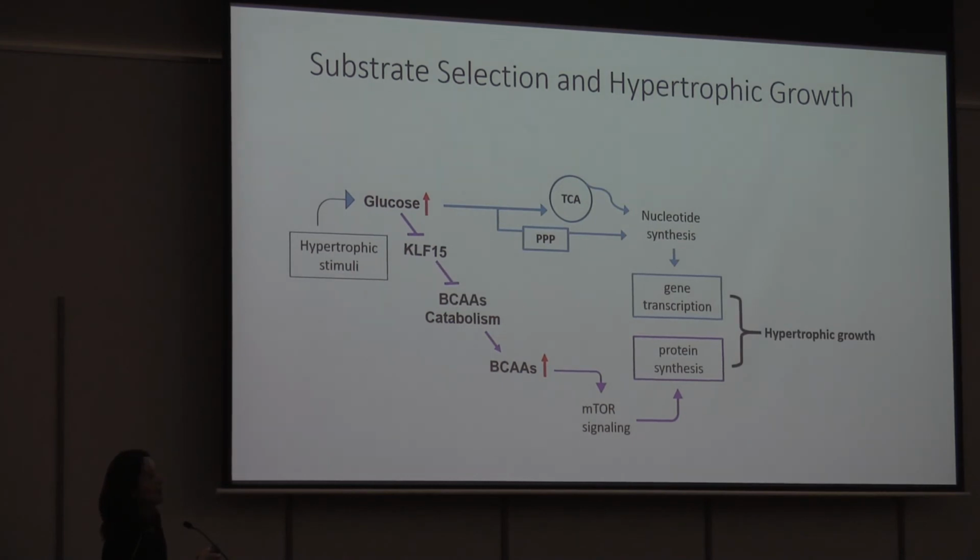Both of them could contribute to hypertrophic growth. And what's interesting for the substrate selection theme is that if we promote fatty acid oxidation and prevent the increase in glucose use, we can actually suppress those mechanisms and reduce pathological hypertrophy.